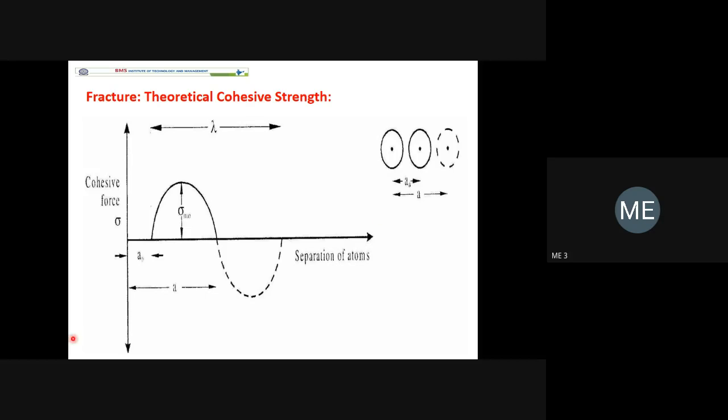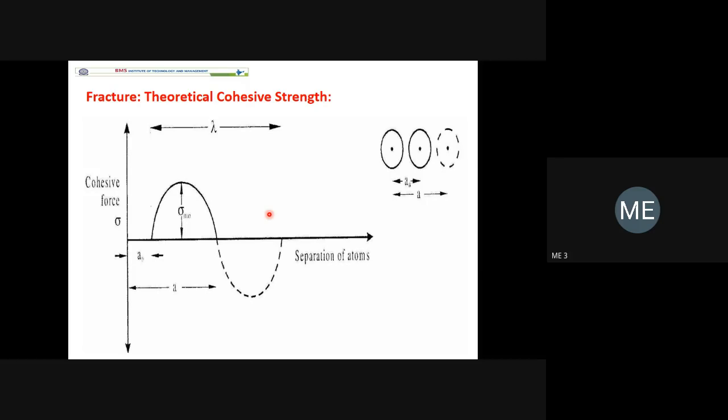I hope you understand. You studied the physics. Along with that, you know what happens between two atoms. If the atomic distance is very small, there are attractive forces. If the atomic distance is too large, and by large I mean not in meters or centimeters, you're talking in terms of angstroms or nanometers.